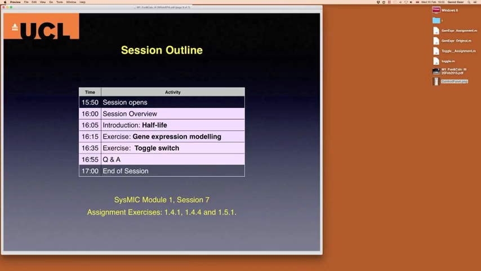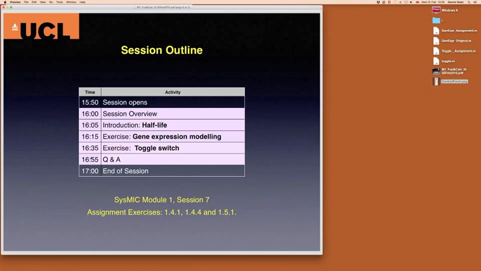Now we're going to look into how to modify an existing model, to expand it, and how to interpret the changes that occur due to the modified code. And our final exercise will be on the toggle switch, which is a well-known biological model to describe surprising functionality in gene expression regulation, which is due to nonlinearity in our mechanism, and the nonlinearity will lead to features that are important to know before you think of analyzing your data.